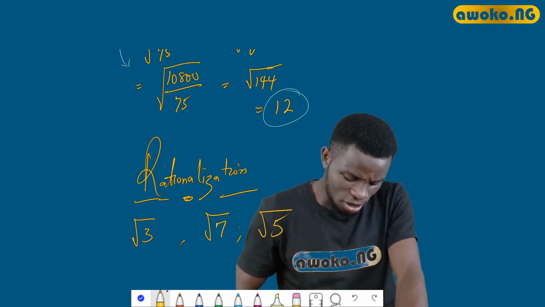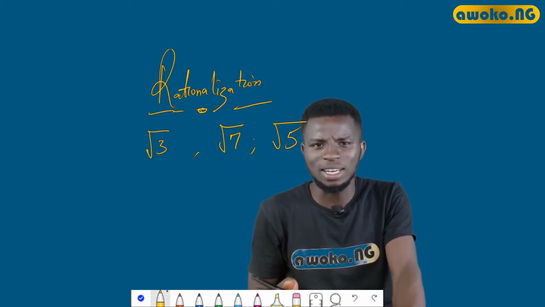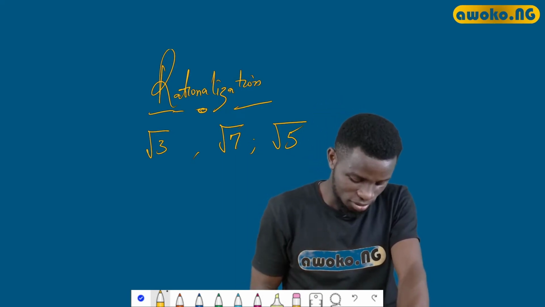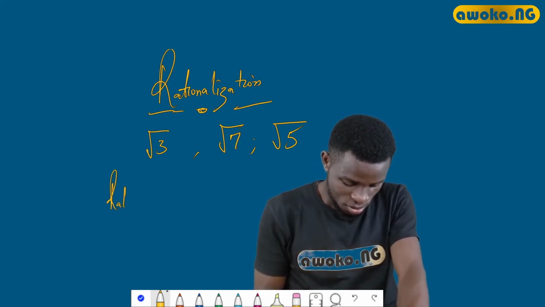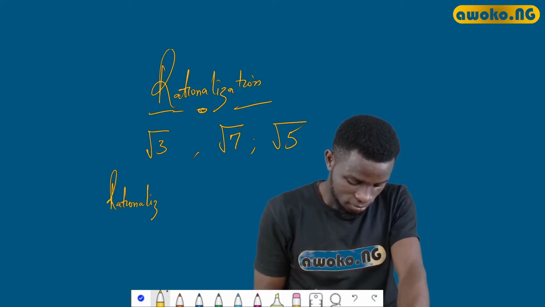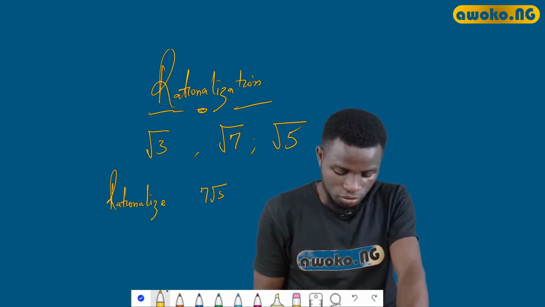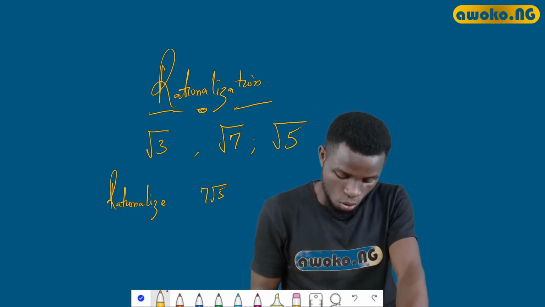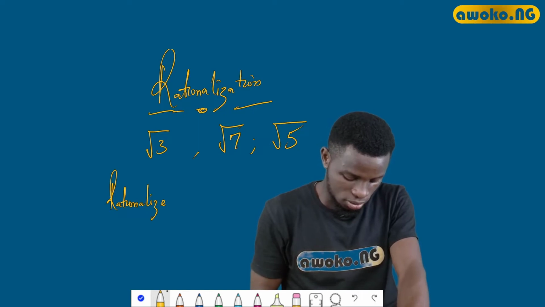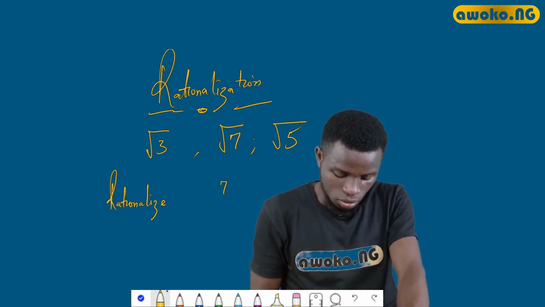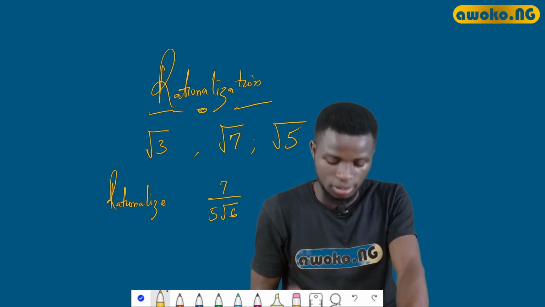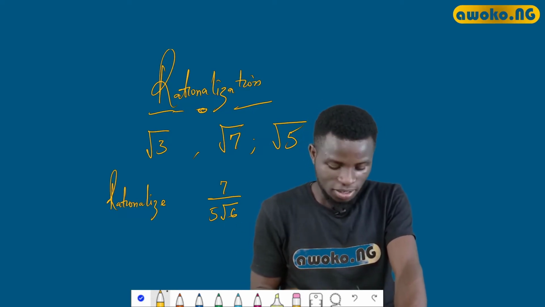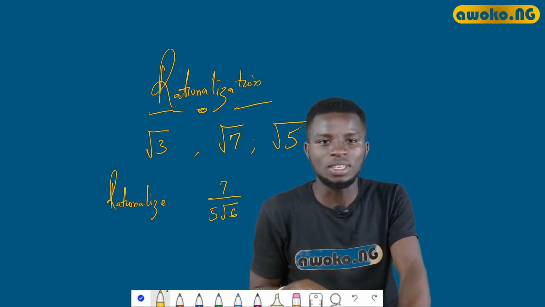Now, let us say we are asked to rationalize this expression 7 over 5 root 6.